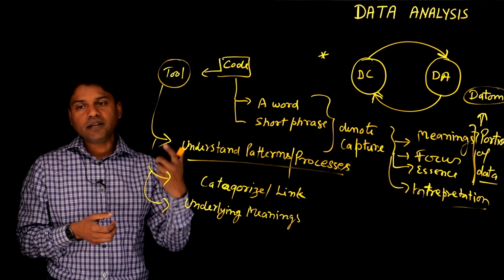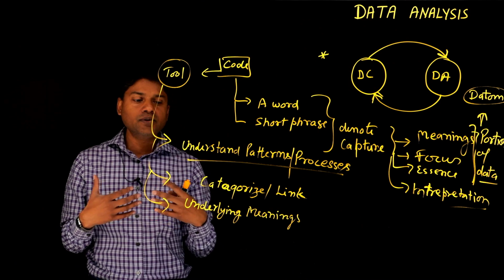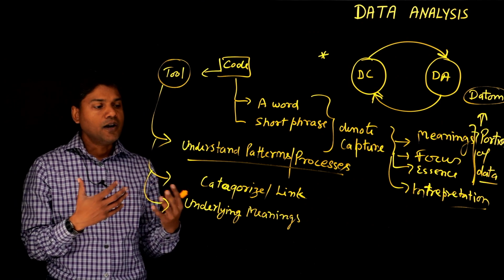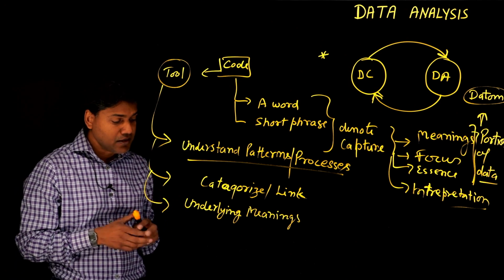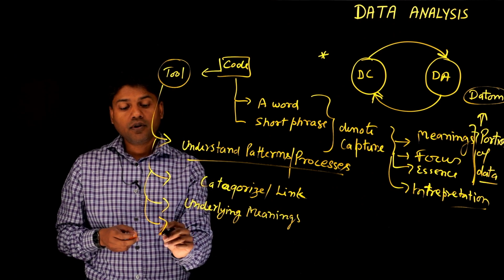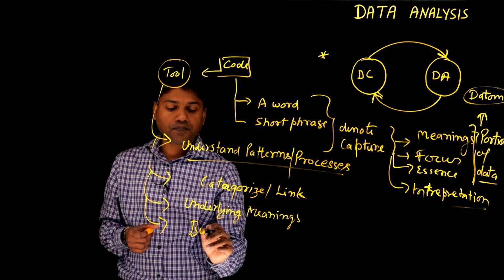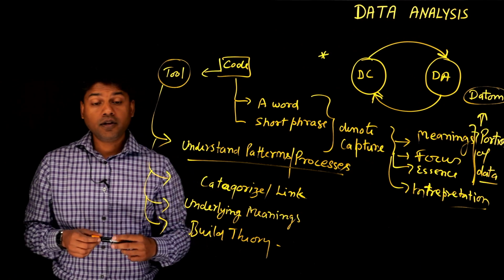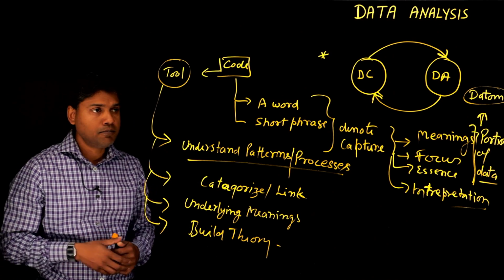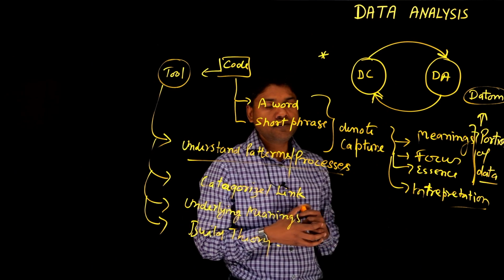So when you code the data, this whole process of coding helps you to understand and see the underlying processes and the underlying meanings which are there. Further, coding also helps us to build a theory, understand a framework, build a framework or processes underlying a social phenomenon.